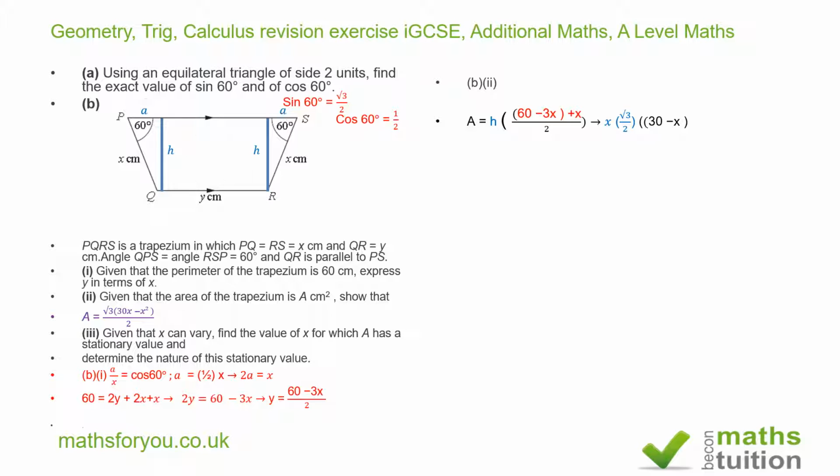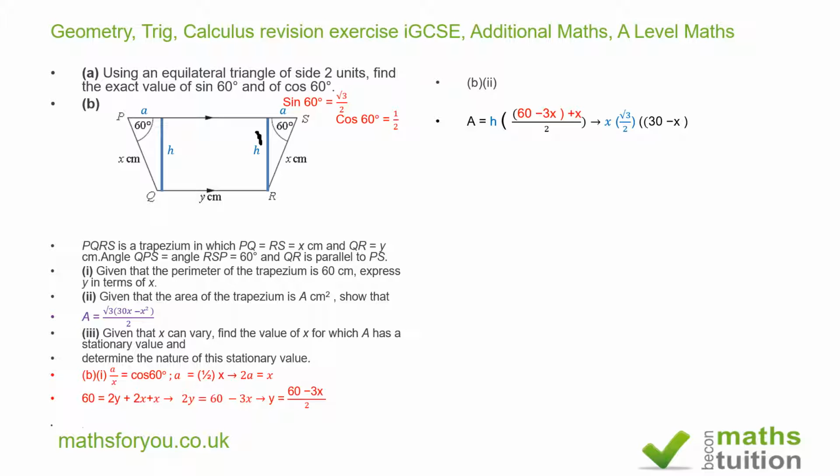Okay? So the area will be 60 minus 3x, because that's 2y there, plus x, divided by 2. Now, h there will be x times root 3 over 2. That one there.